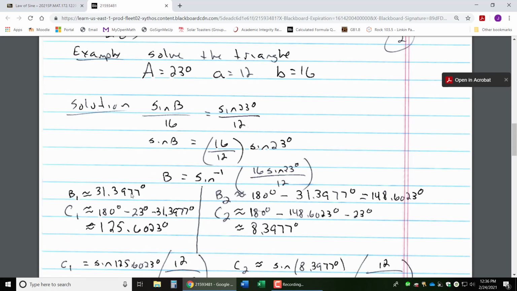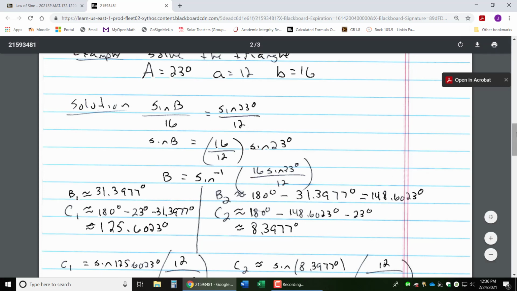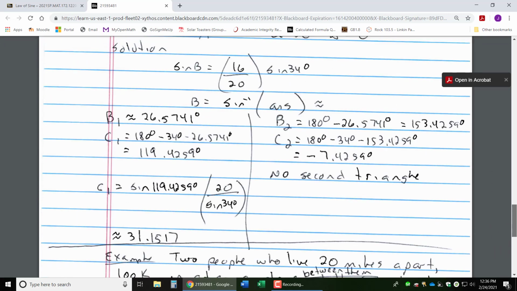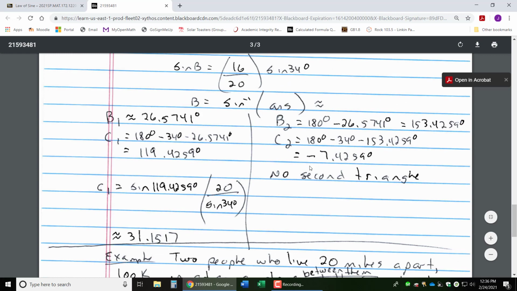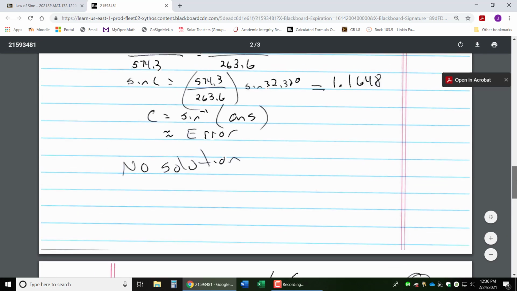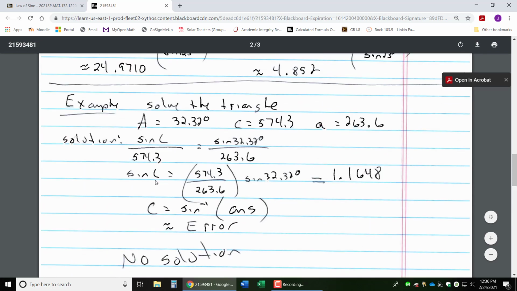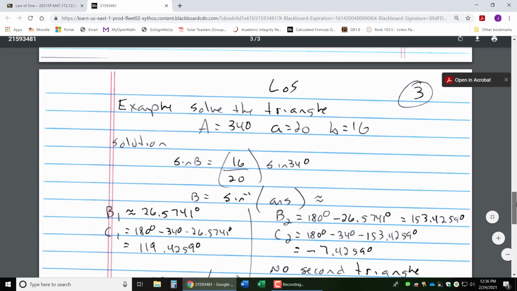So solve for the angle that you have to solve for first. Assume there's a second one, and there'll either be a second one or that second possibility will not work and there's only one triangle. And then the no solution occurs when the first thing that you solve for does not work at all, and there's no possibility of any kind of triangle. That's the law of sines.